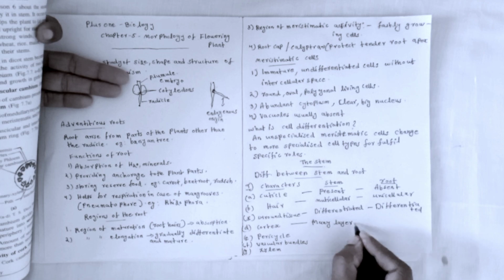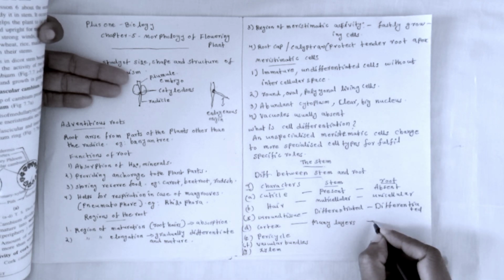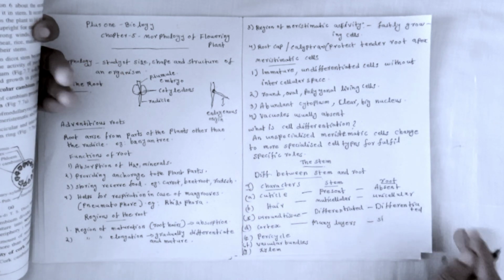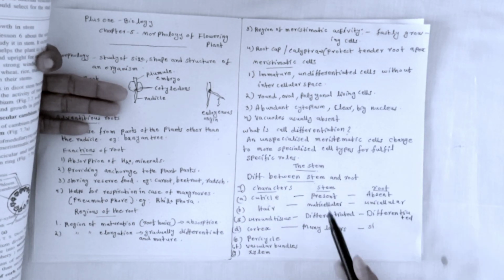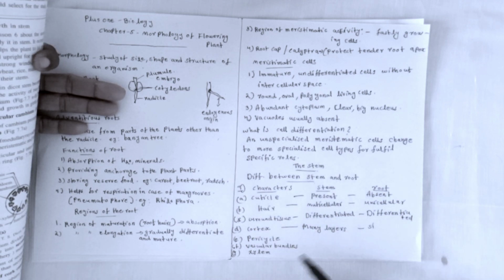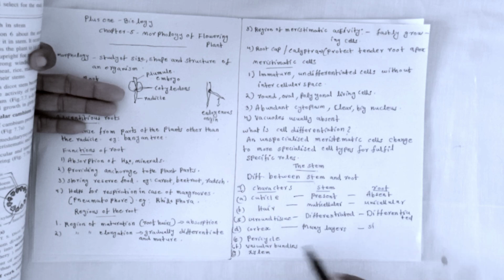Here, a single layer of parenchymatous tissue. This is single layered. We will study more about these parts in the next lesson, so we just write the property.